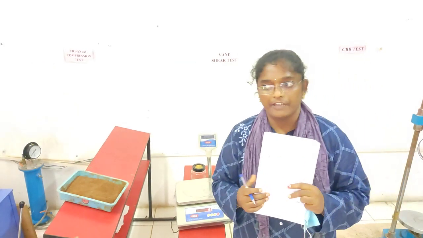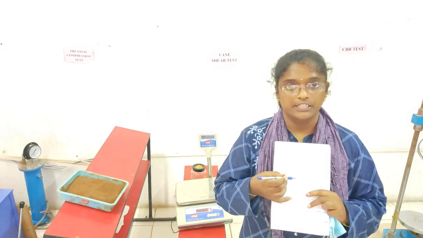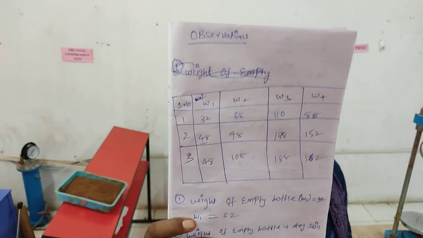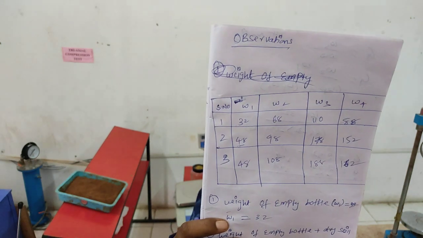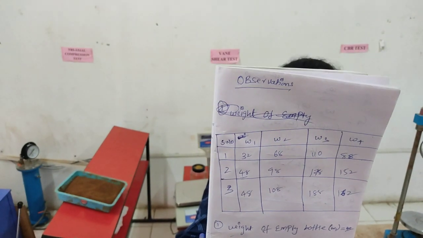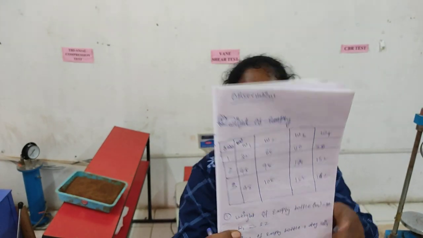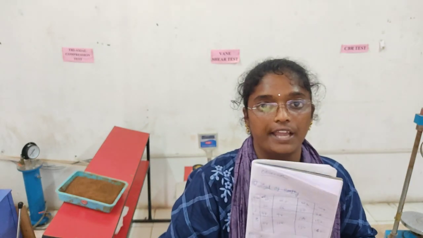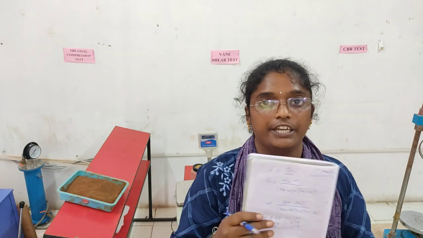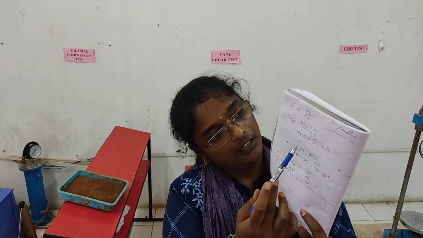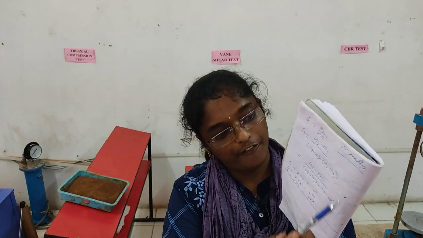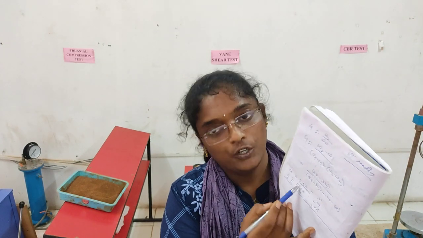We have recorded all three values, 3 repetitions we did. The first repetition, the first value, you have already done. By taking the 3 repetitions we have taken the specific gravity values. Whatever the first reading we got, we have placed here. We have got 2.57.